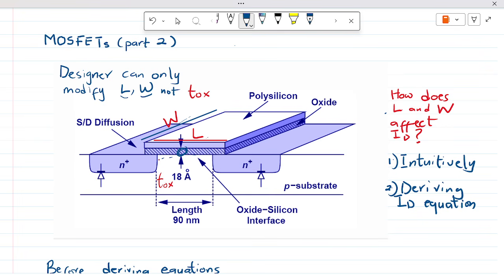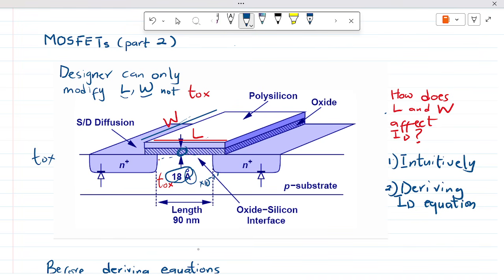This is the thickness of the oxide, denoted by TOX. Unfortunately, as a designer, you have no control over TOX. Typically, it is a very small value, around 18 times 10 raised to the power negative 10.